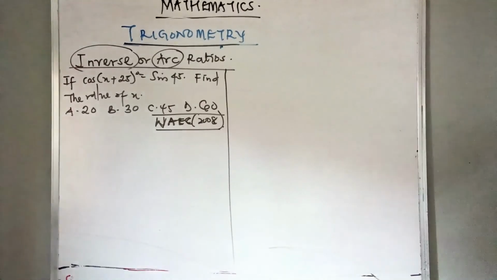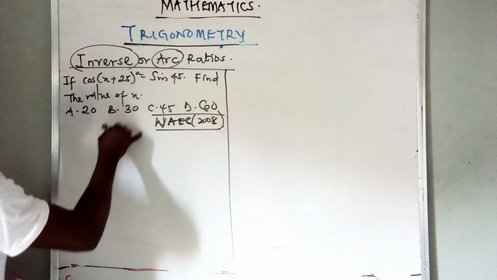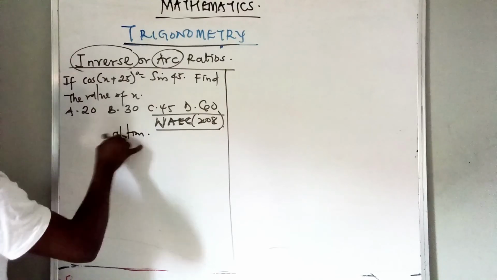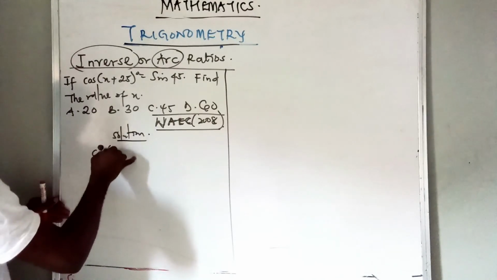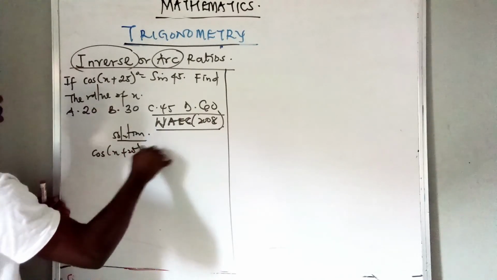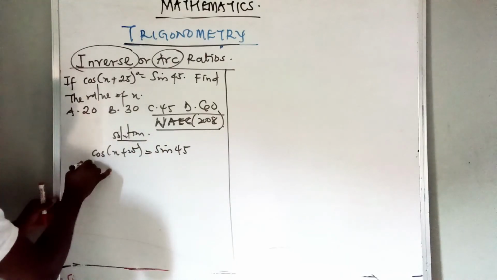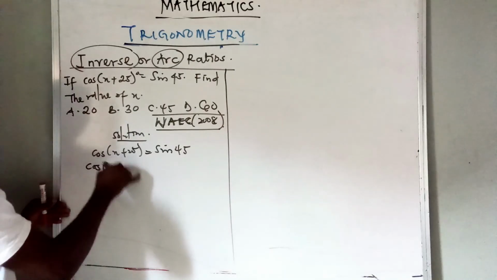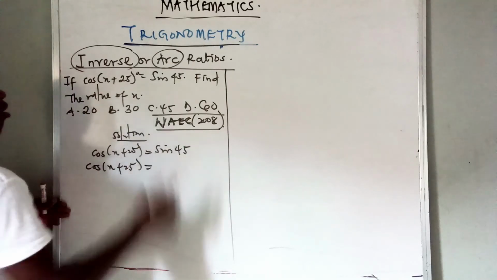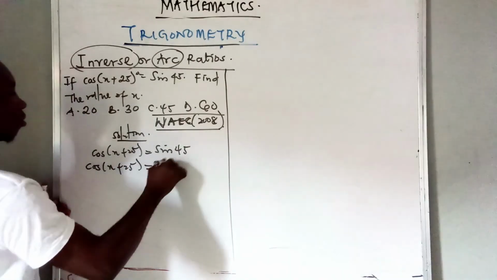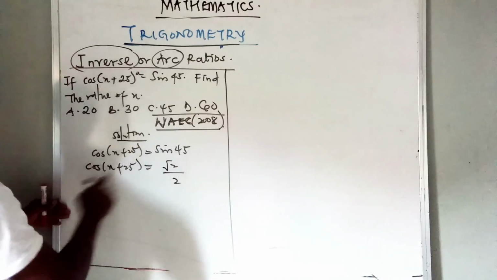Now, we have another question from Mike here, which says that cos of x plus 25 is going to give us sine 45. So this becomes cos, open bracket, x plus 25, is equal to, sine 45 is going to be root 2 over 2.